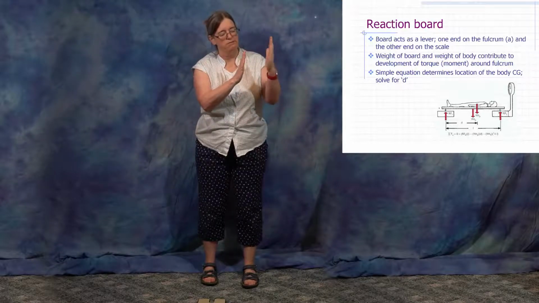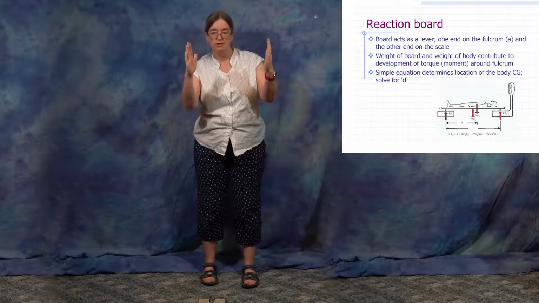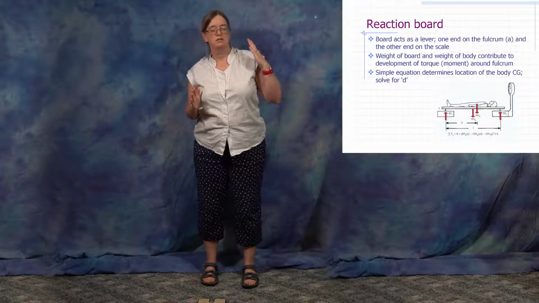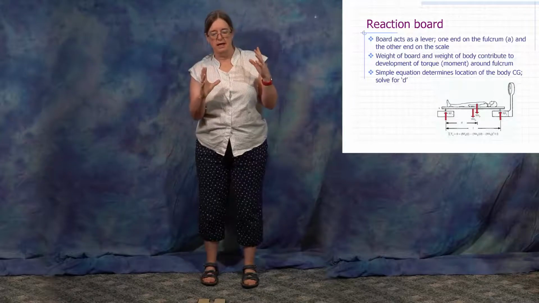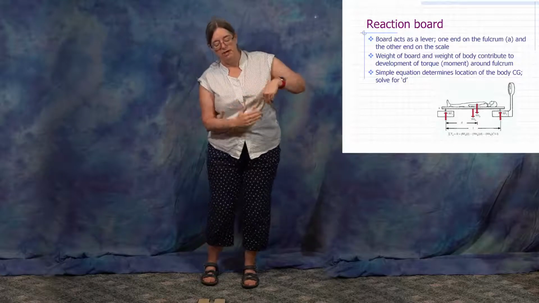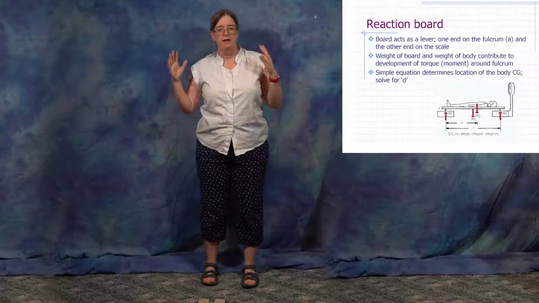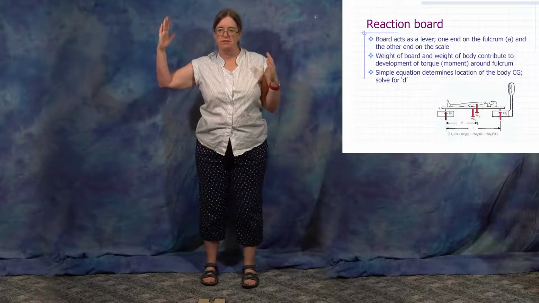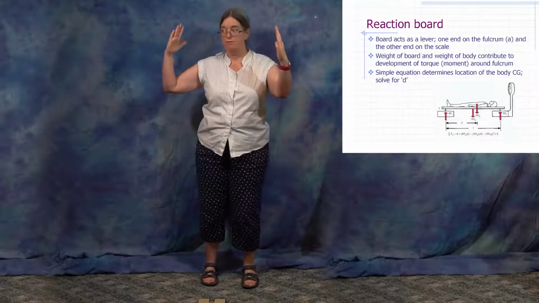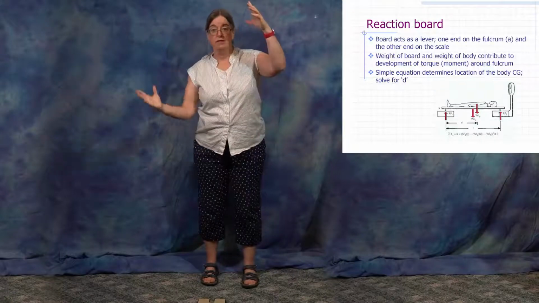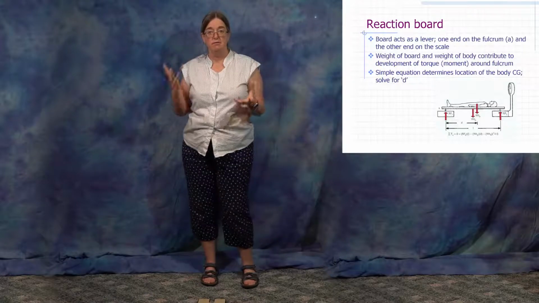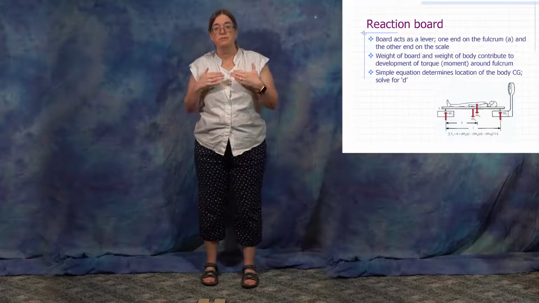So that distance from the fulcrum to our center of gravity, which is what we want to know, that's the D. That's going to create a torque in one direction. And on the opposite side, we're going to have whatever force is on the scale times the distance from that fulcrum to where the scale is. And those two will balance out because it's not moving, and we're in a balance situation.